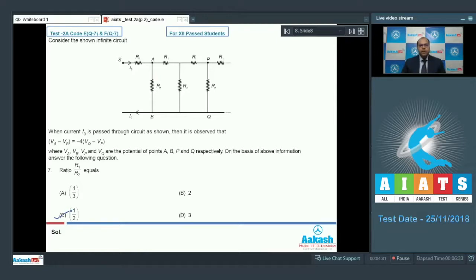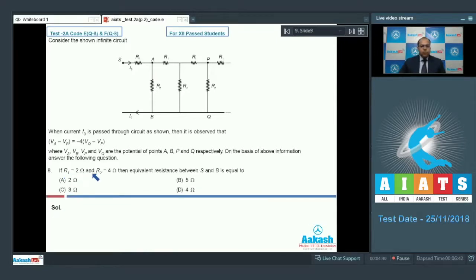Let's move to question number 8. If R1 is equal to 2 ohm and R2 is equal to 4 ohm, then equivalent resistance between S and B is equal to. So if I draw the circuit, then this is my point S, this is resistance R1, that is 2 ohm, then here is the resistance 4 ohm, and suppose the equivalent resistance of the infinite circuit here is X. So this is point B, and the equivalent resistance between S and B is also X. So I can write X is equal to 4X divided by X plus 4 plus 2.